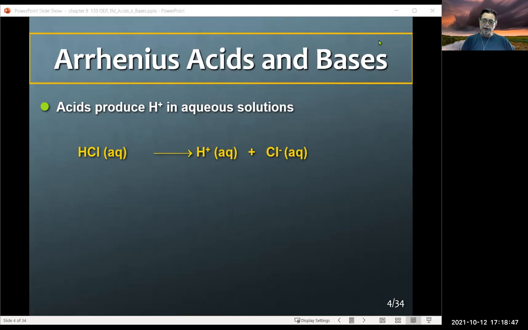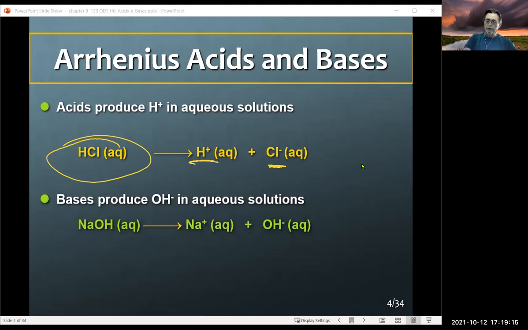And this example we have is hydrochloric acid found in your stomach. There's a number of different acids. We'll touch on those here in a bit. But when they go in solution, they break apart, okay? They dissociate and they form the proton and the chloride ion, okay? That is an Arrhenius acid.